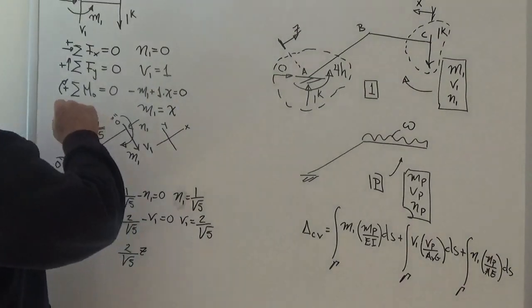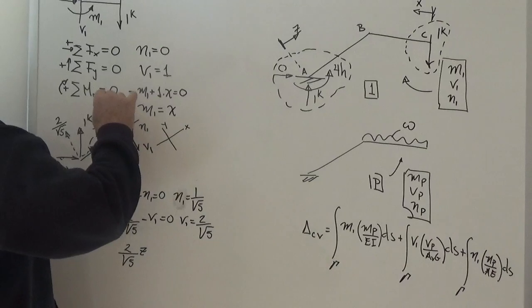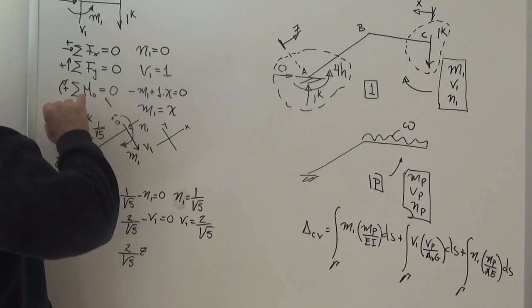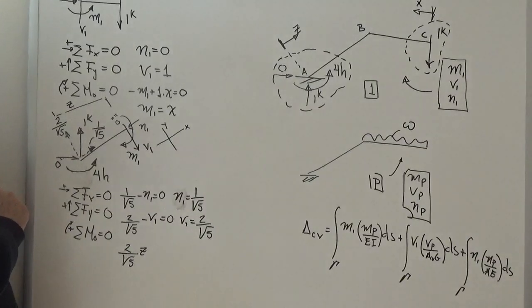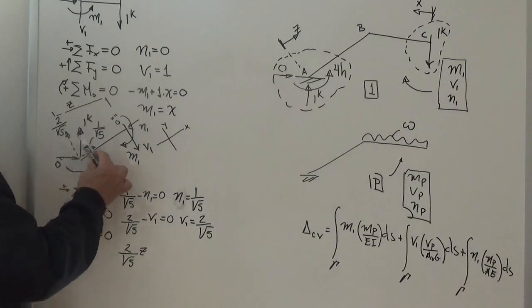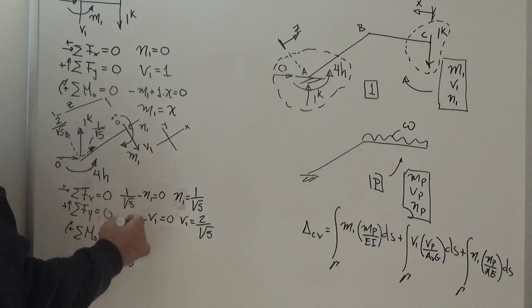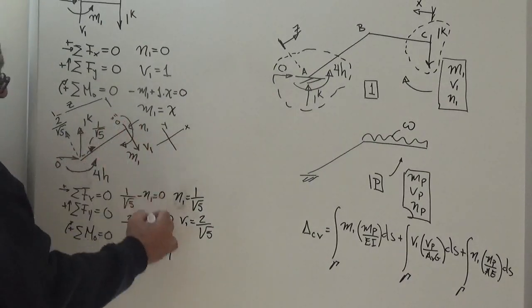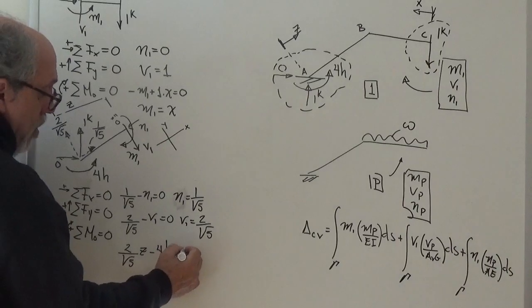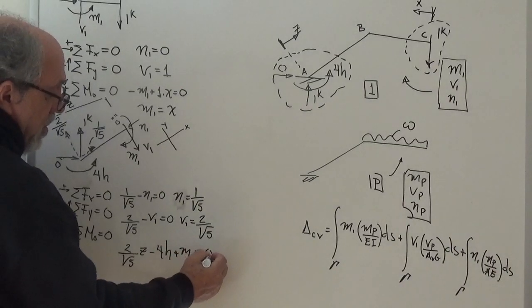I should have noted here in this sketch that from here to here is z, right? And so 2 over square root of 5 times z minus 4h, which is counter, plus m1 is equal to 0.